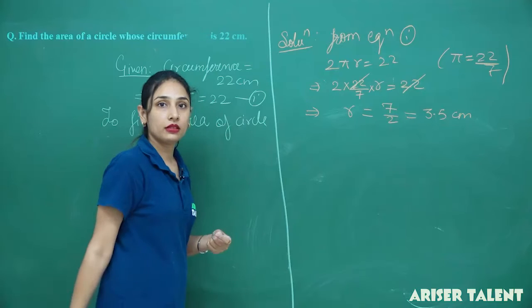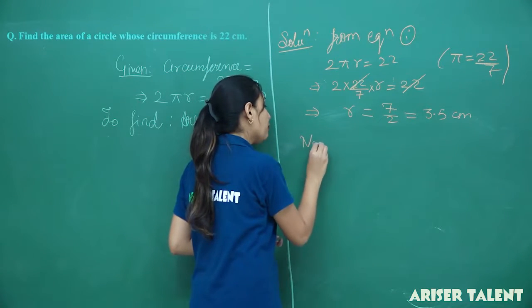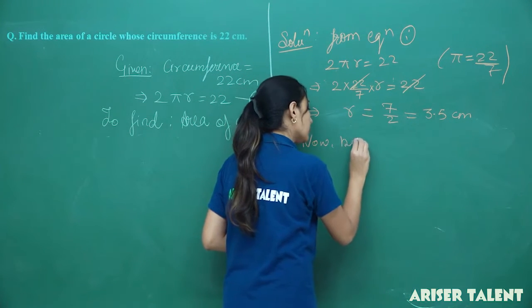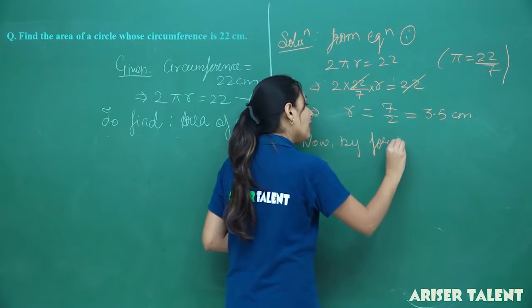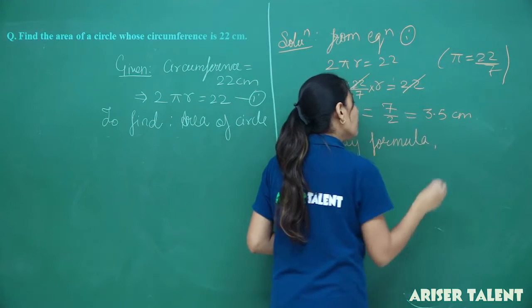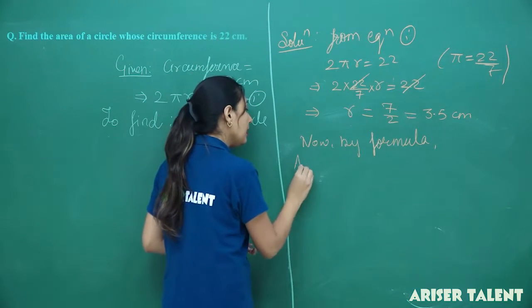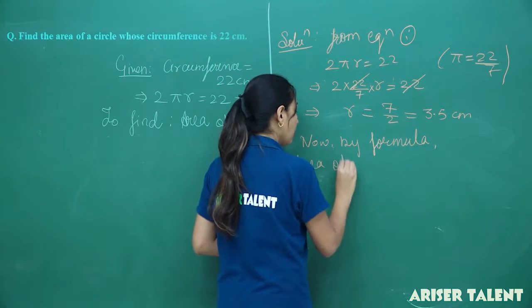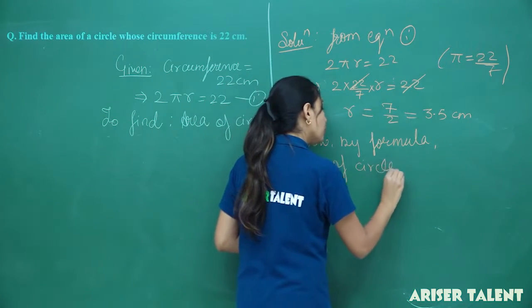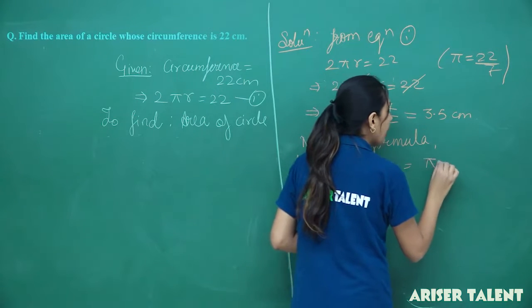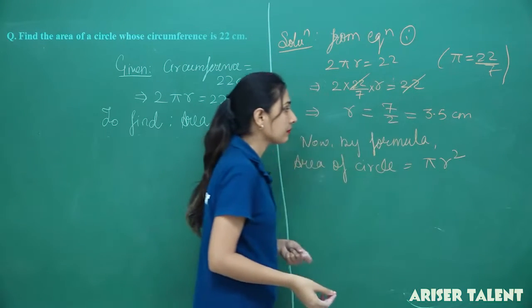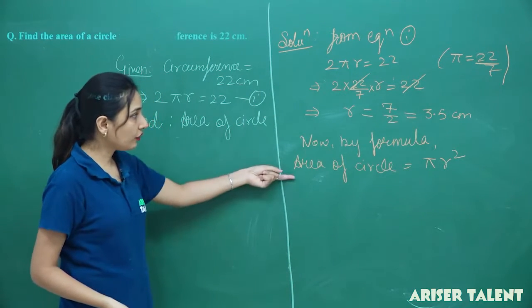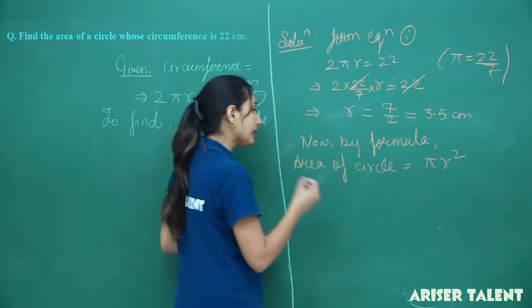This is your radius. Now, by formula, which formula? I have been asked to find the area. Area of a circle, which I have told you, equals pi r square. So area of a circle is pi r square. What can I write?